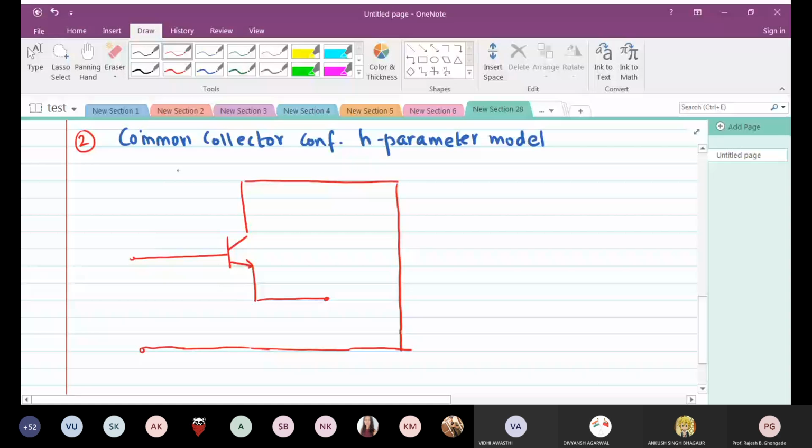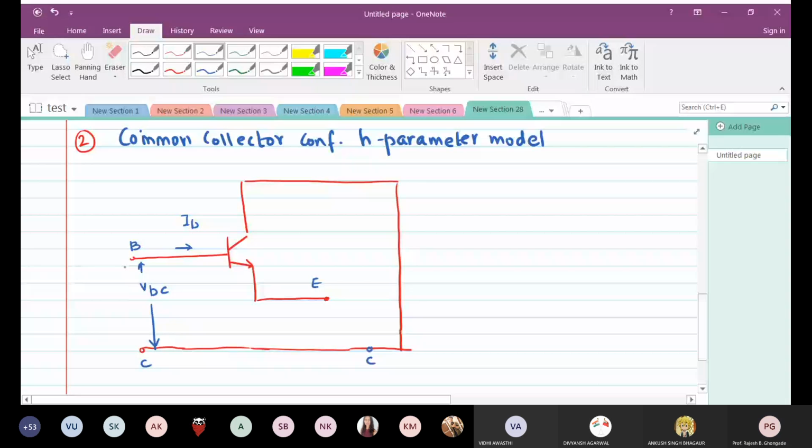Again, this is the base, this is the collector. So the collector is common now. This is your emitter. I've drawn it in a slightly different way, nothing great. Again, in terms of the two-port network, this is IB. This is your VBC, again with this polarity.